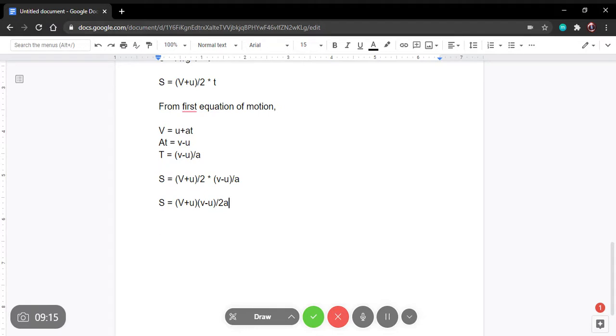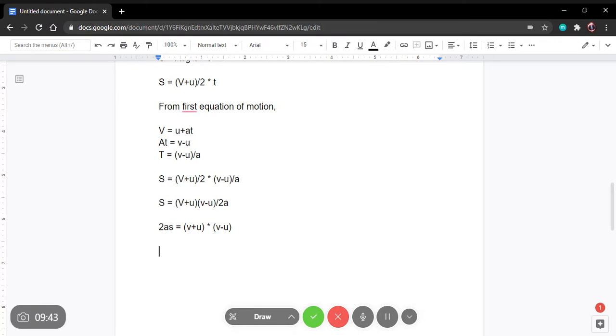So when we bring this 2a to the left hand side as s, it becomes a product. Therefore, 2as is equal to v plus u into v minus u, brackets again, v plus u into v minus u.